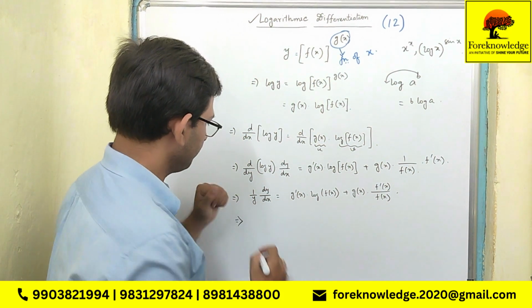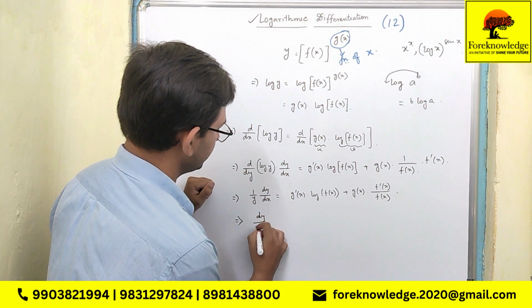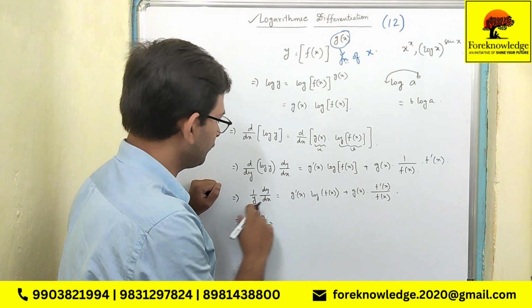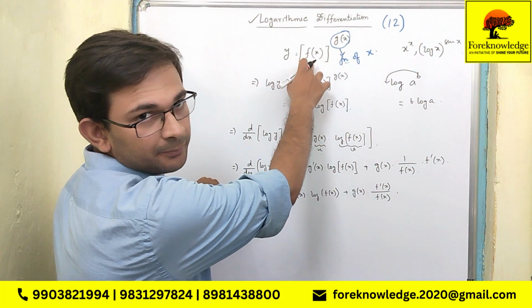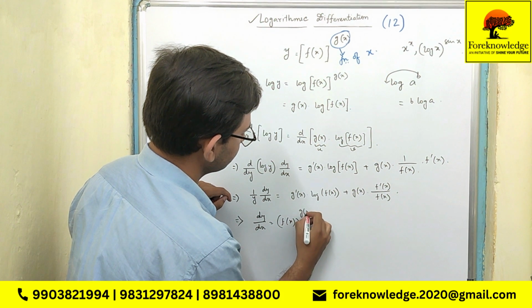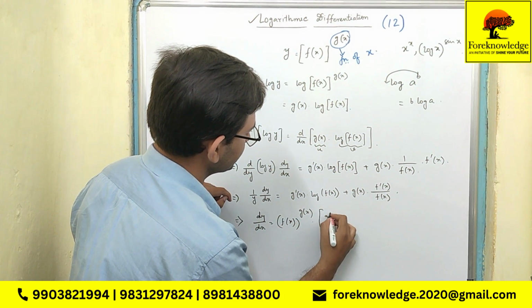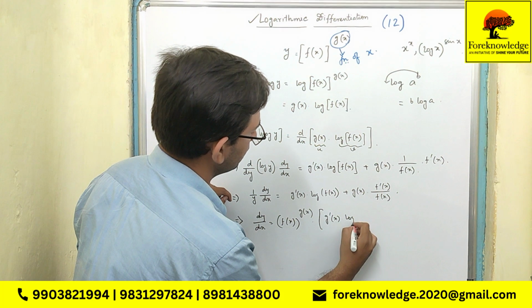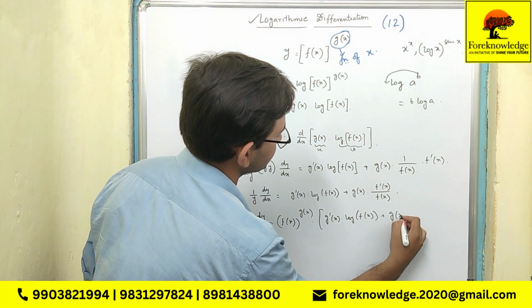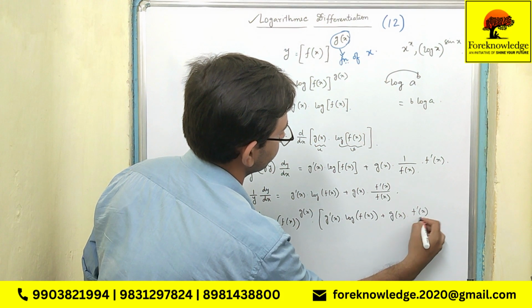Now dy/dx equals, y goes to this side, and y is nothing but f(x) to the power g(x). So dy/dx equals f(x) to the power g(x) into [g dash x into log of f(x) plus g(x) into f dash x by f(x)].